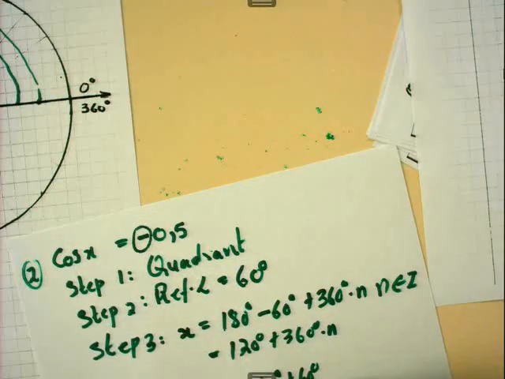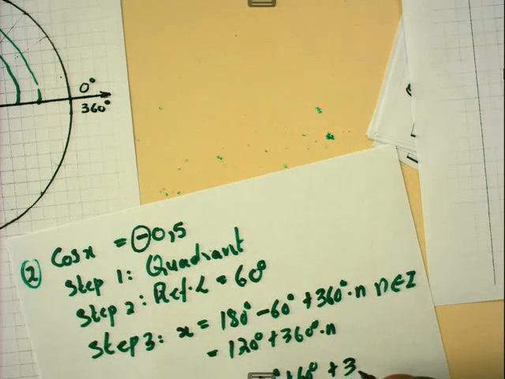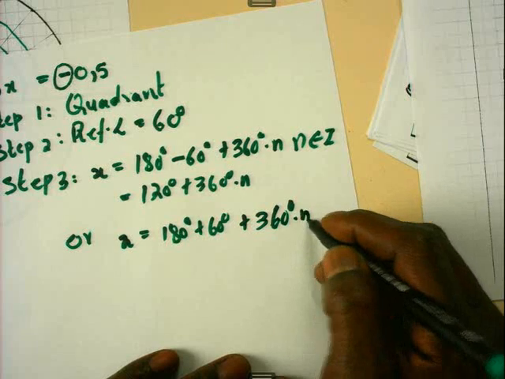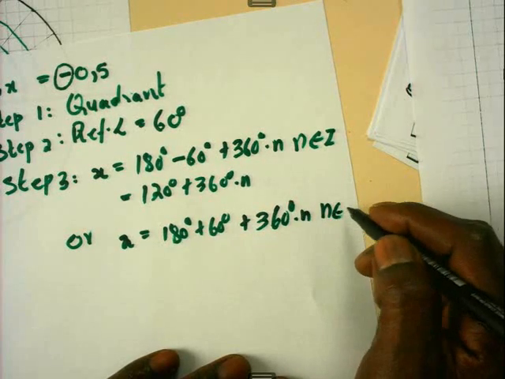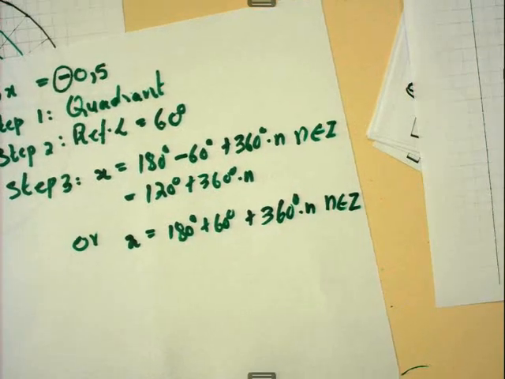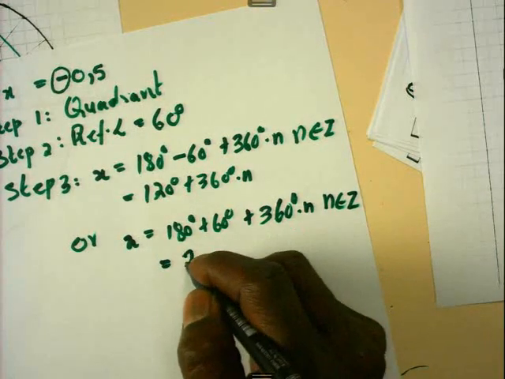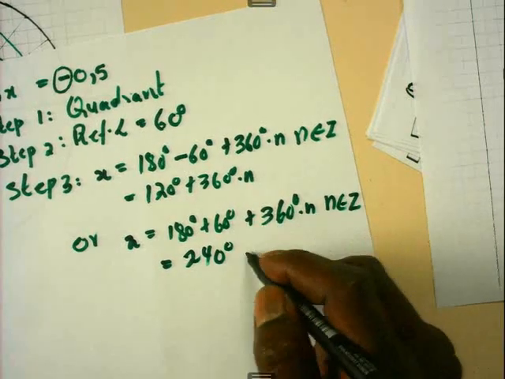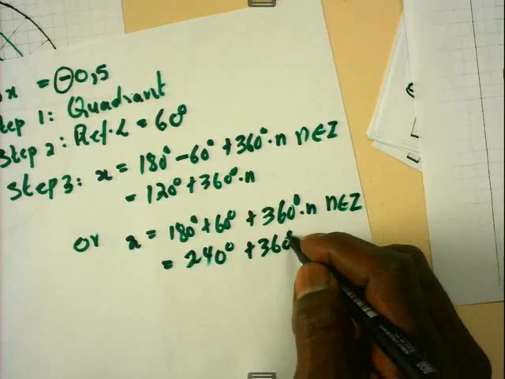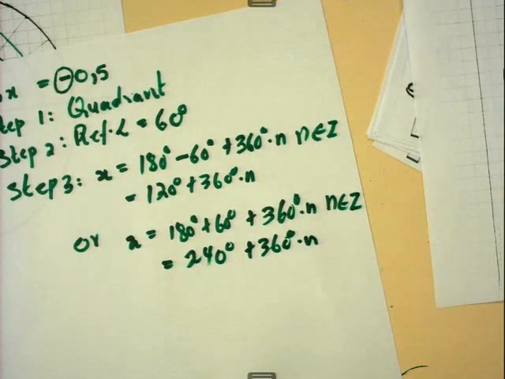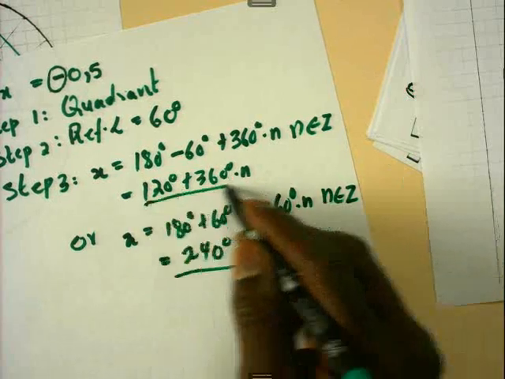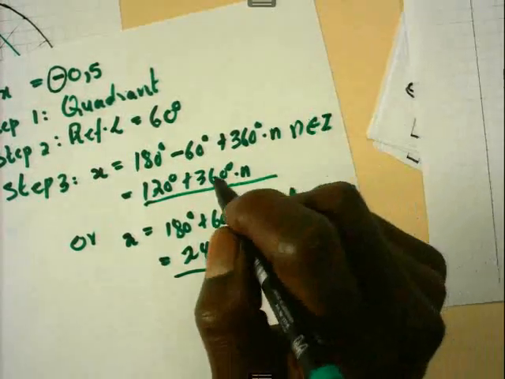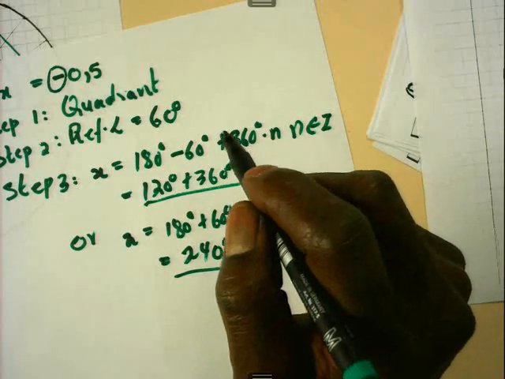So we can say plus 360 degrees times n, n being an element of the integers. And if we simplify this again, that is going to be 240 degrees plus 360 degrees times n. And that will be the general solution for the problem cos x is equal to negative 0.5.